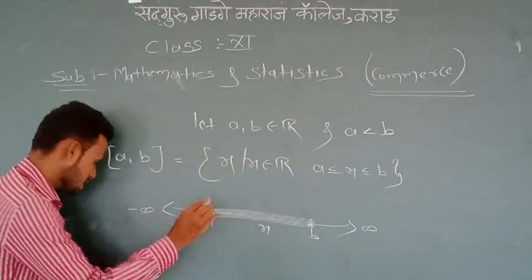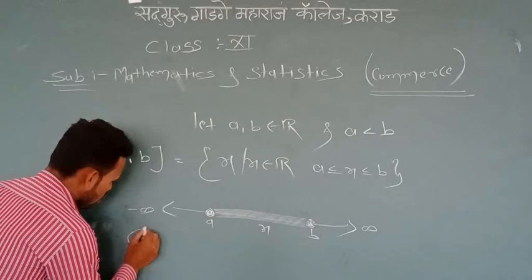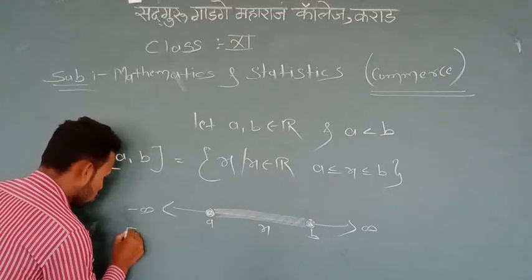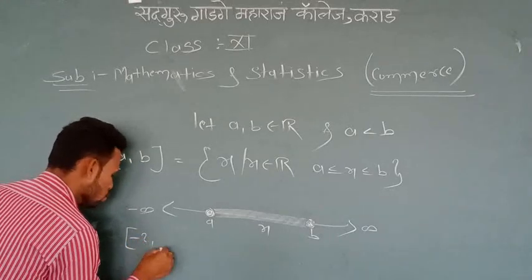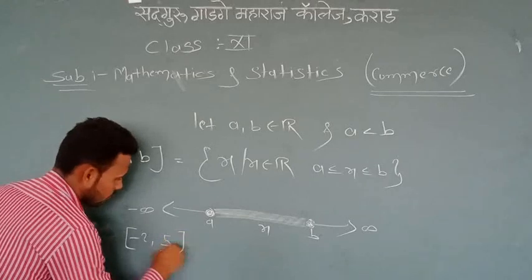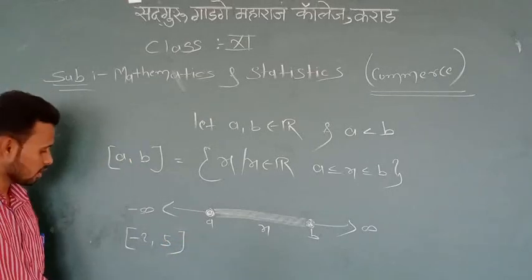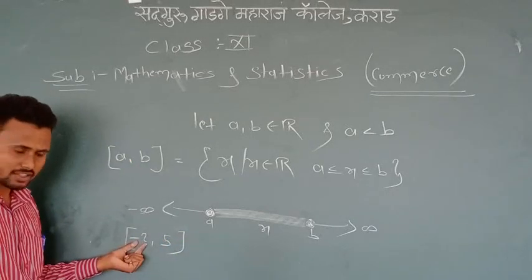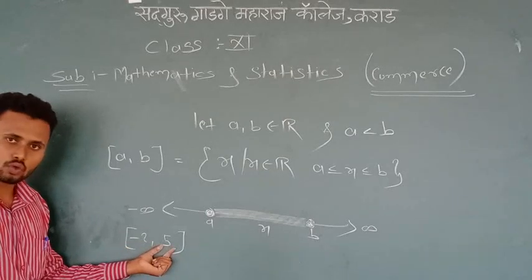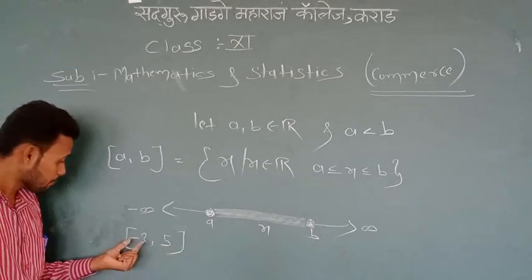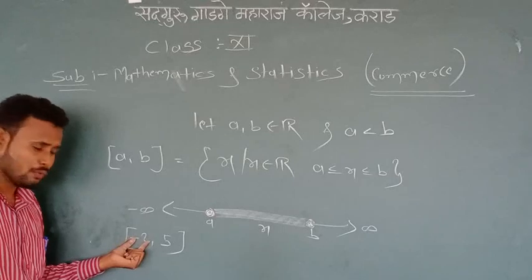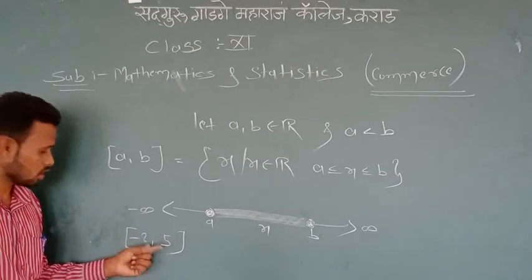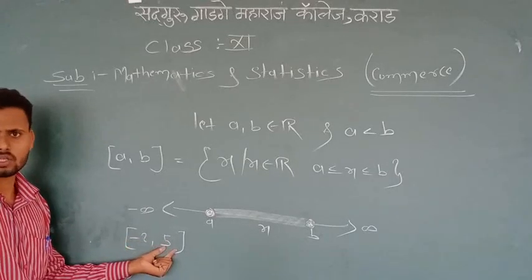Now suppose for example I take the closed interval minus 2 to 5. Here the first component is minus 2 and the second component is 5. Is the first condition satisfied? The first component is always less than the second component, and minus 2 is always less than 5.